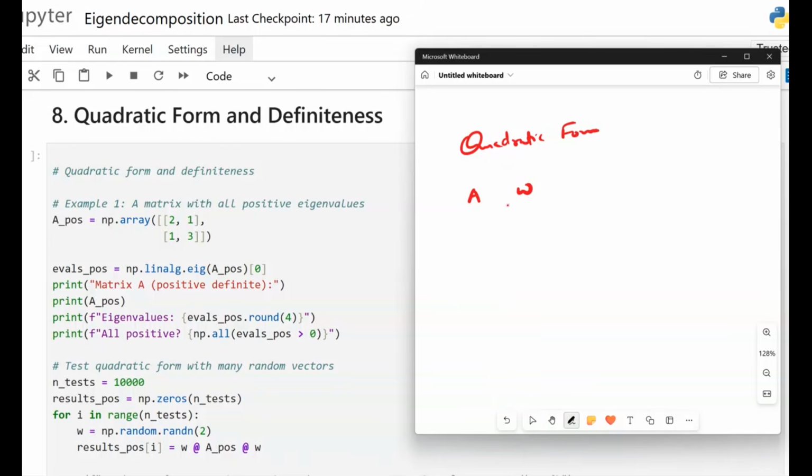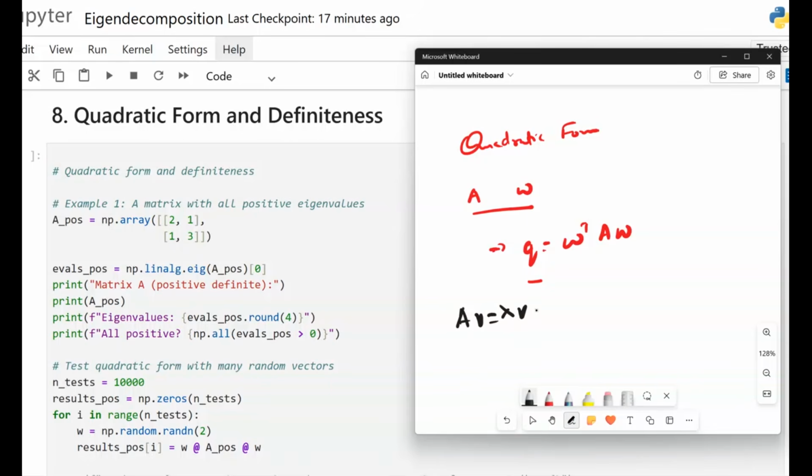The quadratic form would be Q equals w transpose multiplied by A multiplied by w. This takes a matrix and a vector and produces a single scalar Q. The question is, what is the sign of Q for all possible vectors w? Let us connect this to eigenvalues. Using the eigenvalue equation, we all know A multiplied by v equals lambda multiplied by v.